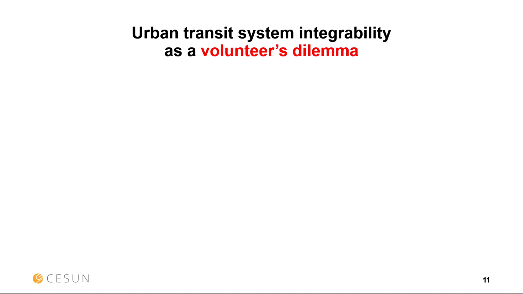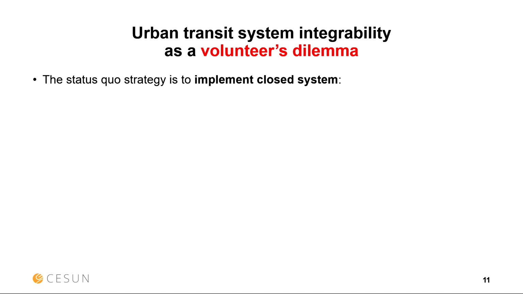Now, we represent the trade-offs to improve the integrability of this urban transit ecosystem as a volunteer's dilemma. The volunteer's dilemma is a game model that helps us illustrate the tension between competing individual and collective benefits. On one hand, an individual status quo strategy is to keep their system closed.